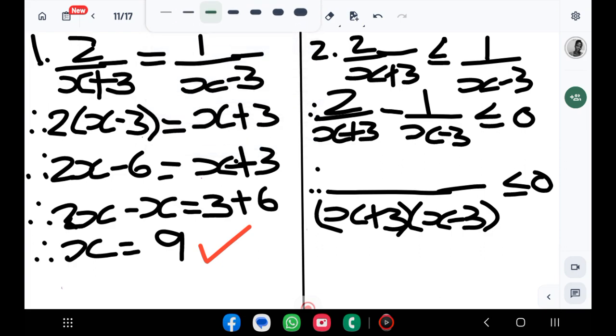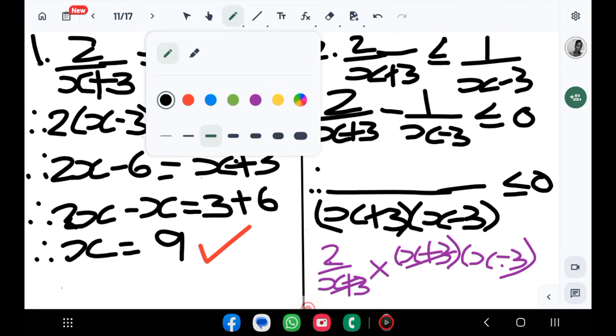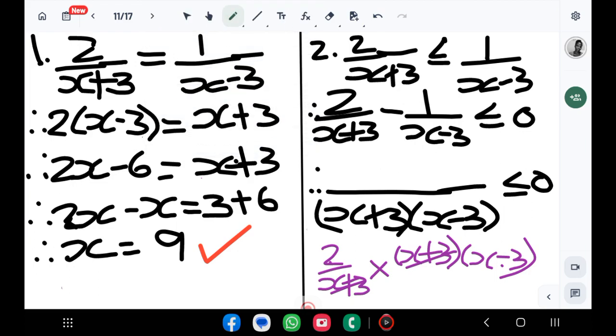The first fraction is 2 over x plus 3. We'll multiply that by the lowest common denominator, x plus 3 times x minus 3. The x plus 3 cancels out. You're left with 2 times x minus 3. So on the first one, that's 2 in bracket x minus 3.